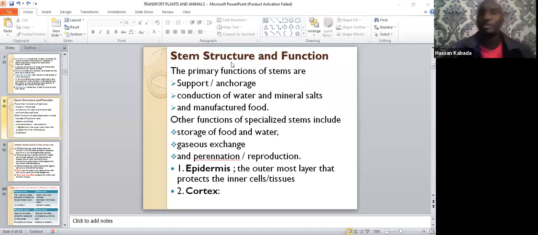These water molecules, the mineral salts, will not jump from the roots to the leaves. They must pass through the stem. So for us to be able to understand more on the transport of water molecules and the food within the plants, it is very important for us also to understand the stem structure and the function, just like the roots.